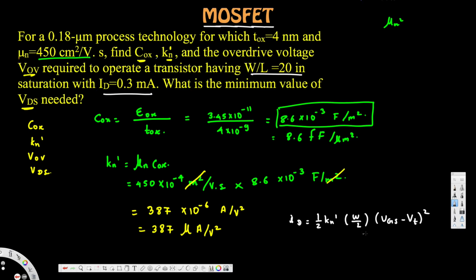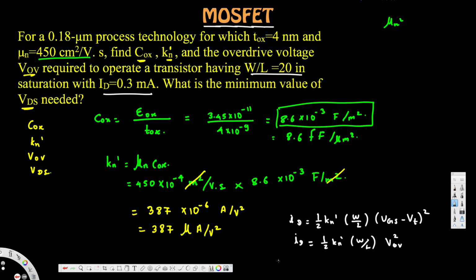Now here we are interested in finding VOV. Now VGS minus VT is equal to VOV. So instead of VGS minus VT, we can replace that with VOV square, because VGS minus VT is equal to VOV.